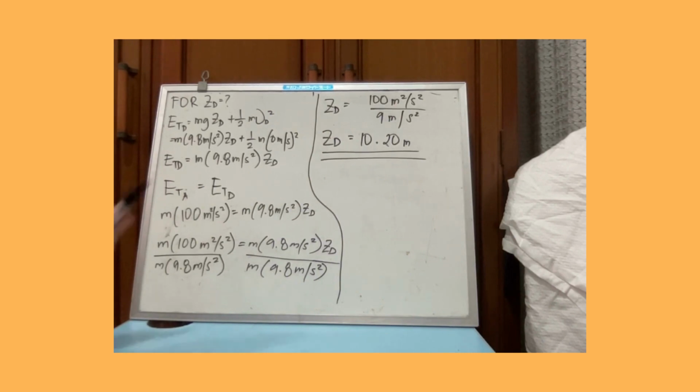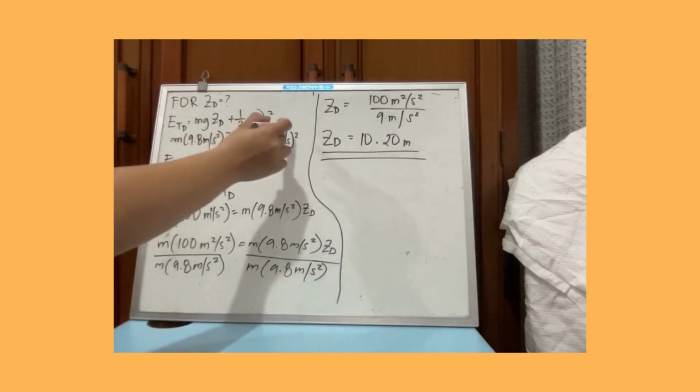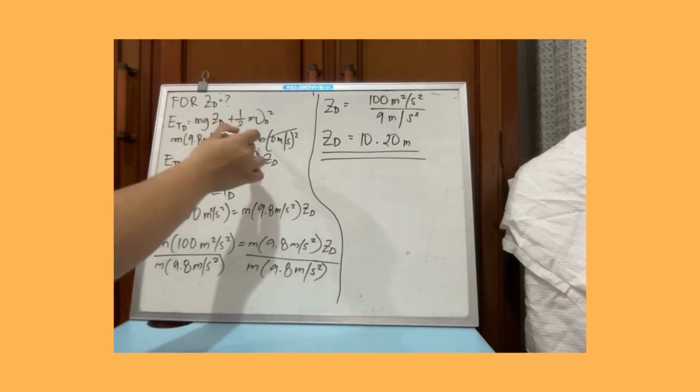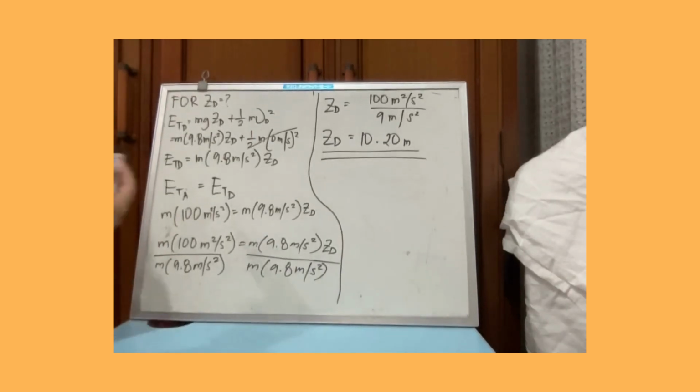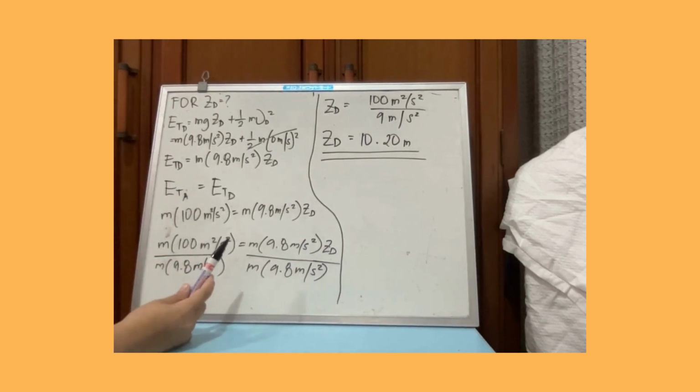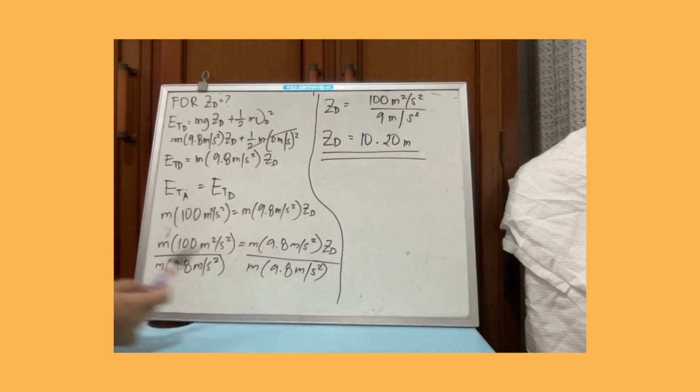So, let's assume na yung speed natin is 0 meter per second. Makakancel yung kinetic energy natin. So, ang total energy natin for sub D is mass times 9.8 meter per second squared times Z sub D.